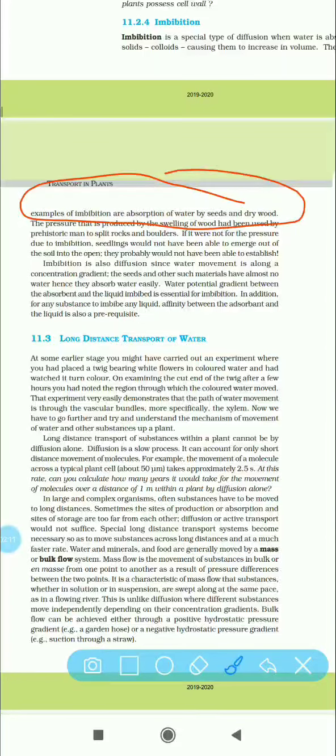You might have also observed that even at our homes during the monsoon or rainy season, the wooden doors will expand a bit, and that's why you have to push them a bit to close or open them. That is because they absorb moisture, mainly water, and swell.